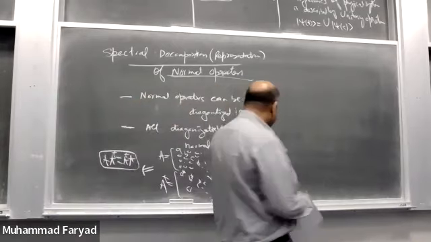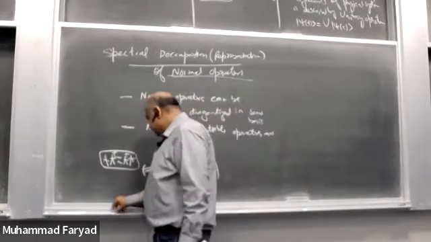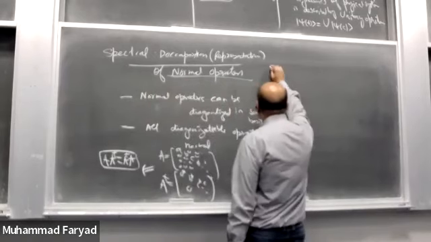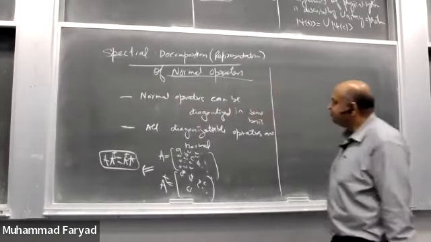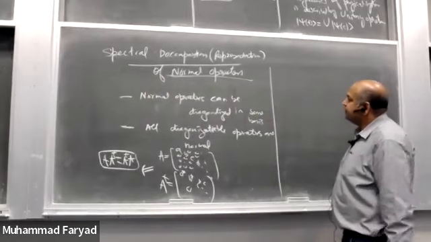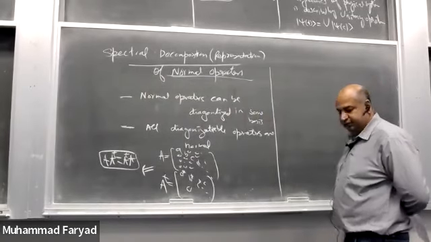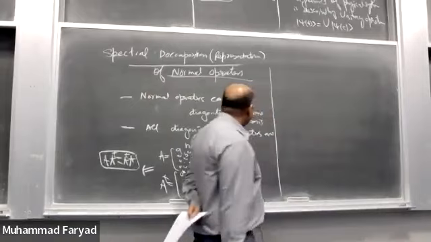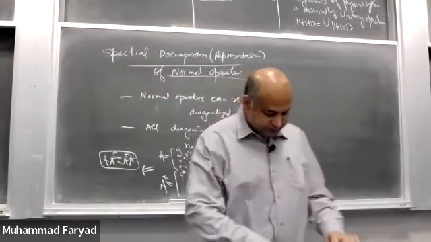It's a little bit involved, and I don't think the proof is needed for what we want to do. But I'm going to sort of give you the geometric viewpoint of this decomposition.